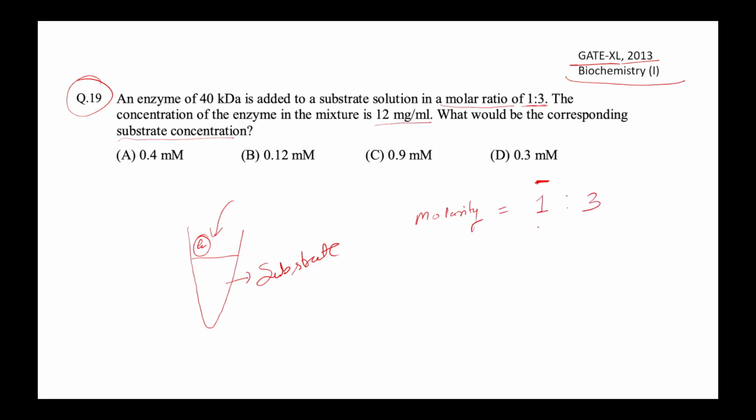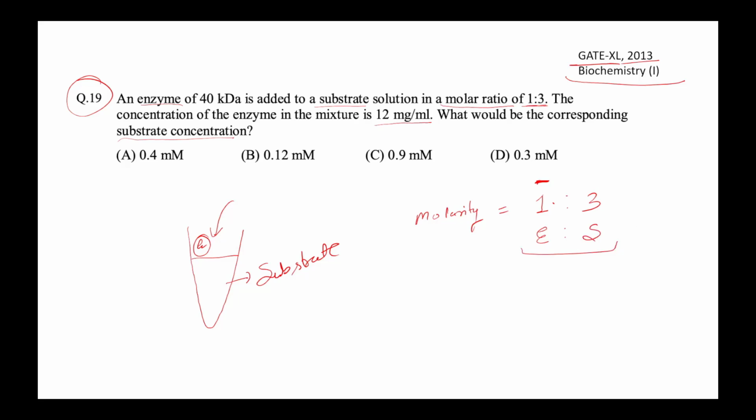Which one is 1 and which one is 3? It is written first enzyme added to substrate in a molar ratio of 1 is to 3, so 1 will be enzyme and 3 will be substrate. That is the ratio: 1 enzyme to 3 substrate in molar ratio.